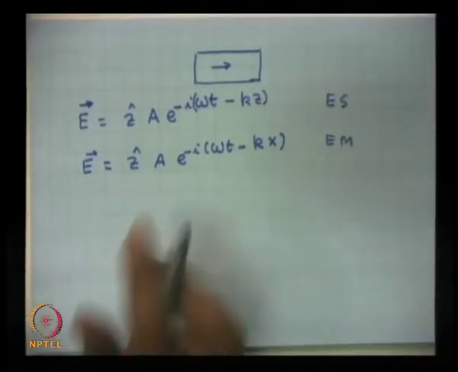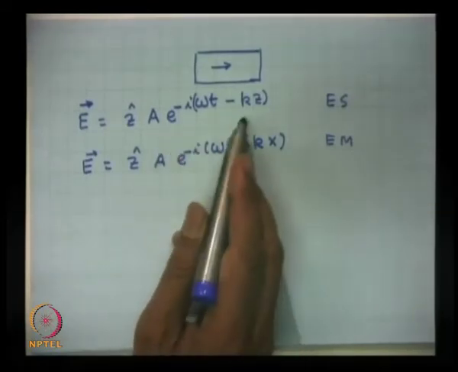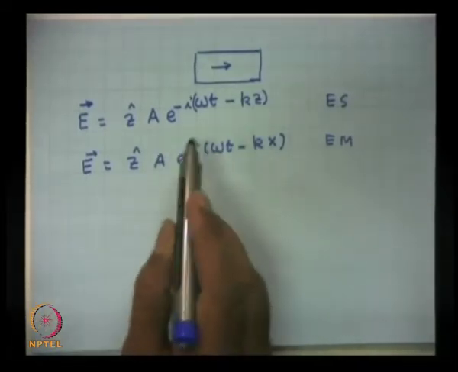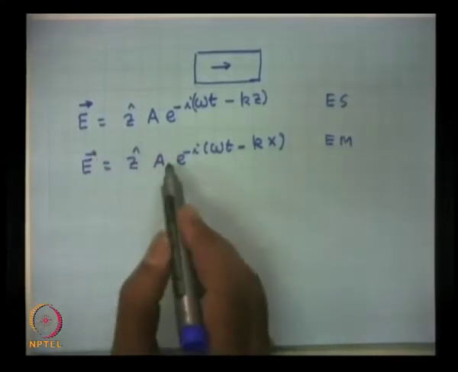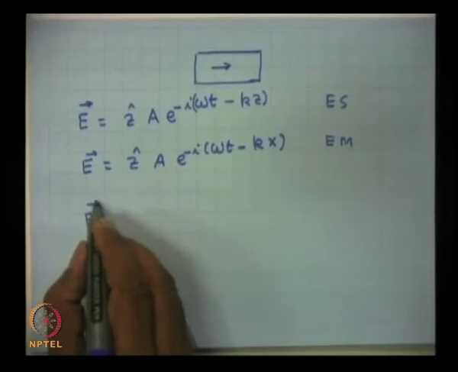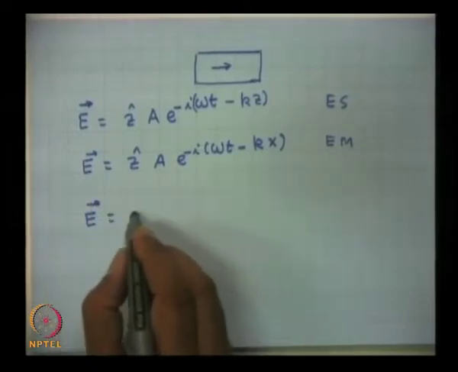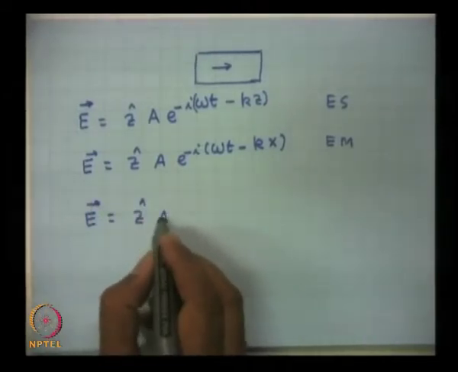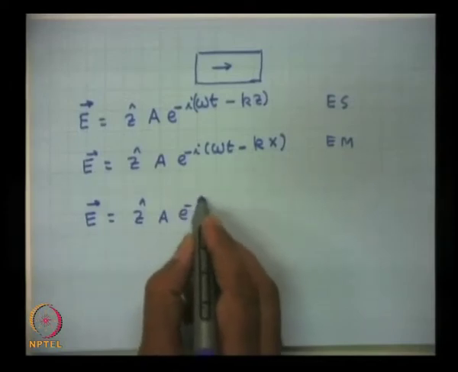So, rather than specifying the dependence on space for E, I will simply say that I am considering a case where E is equal to, say, Z cap A exponential minus I omega t.